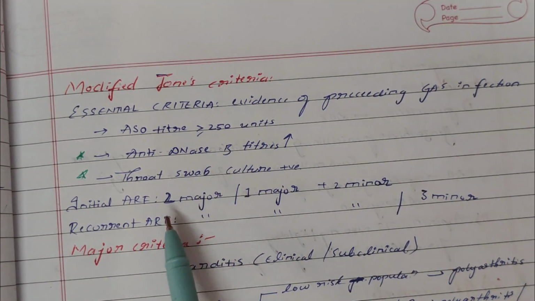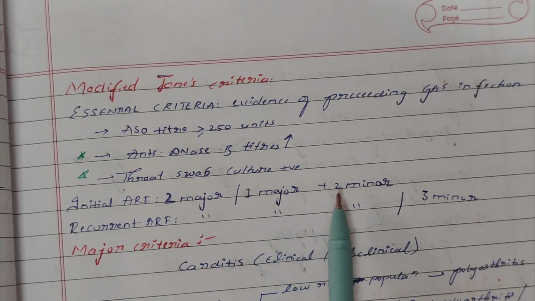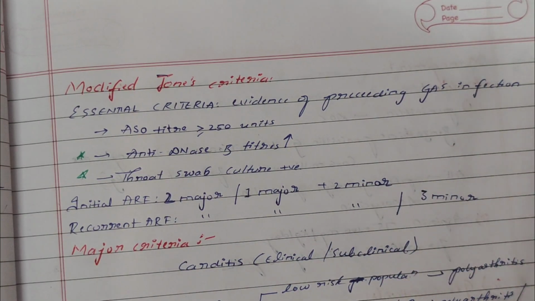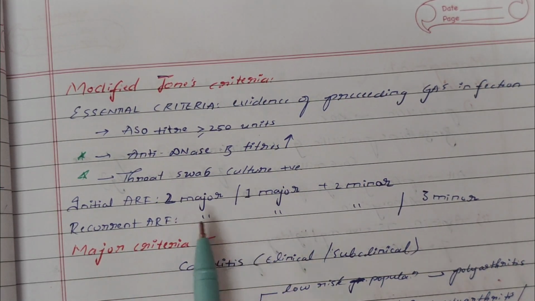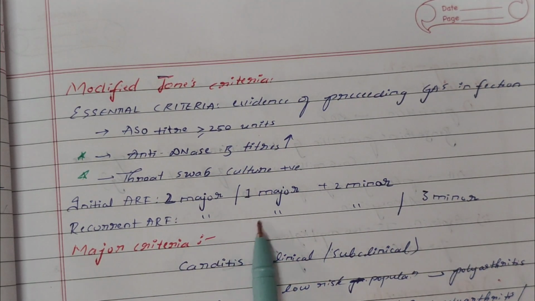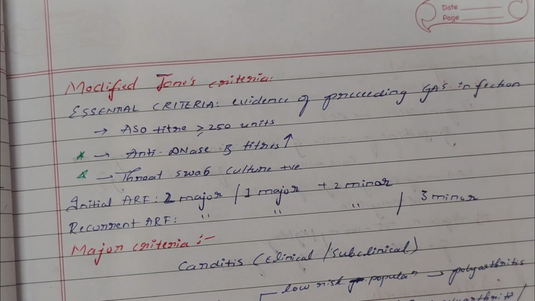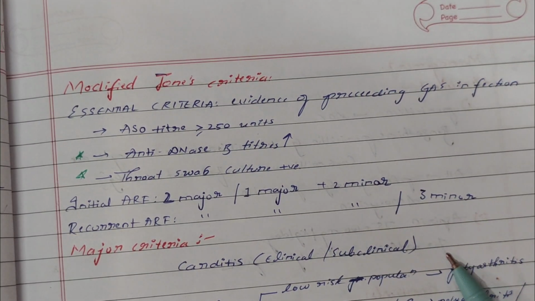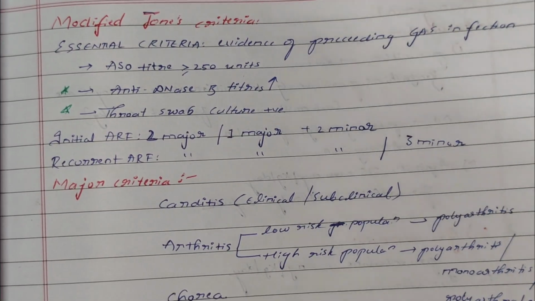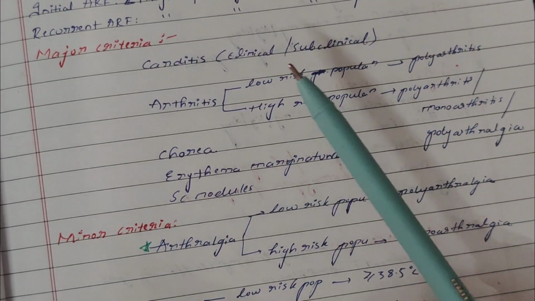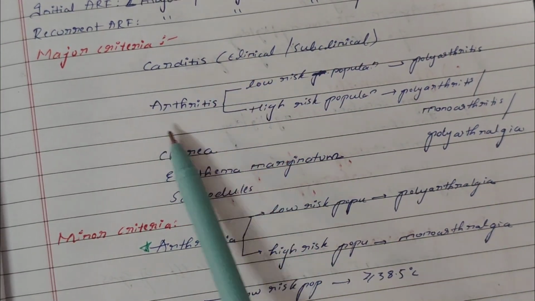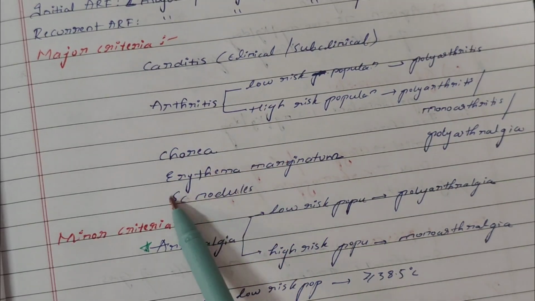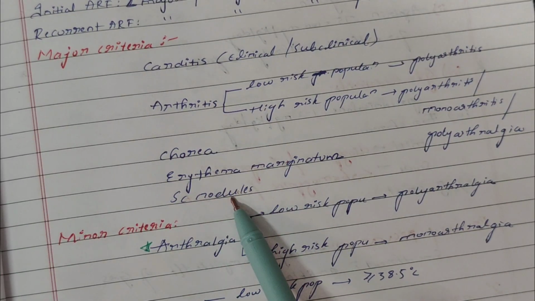If a person has 2 major or 1 major plus 2 minor, then we can suspect acute rheumatic fever. In recurrent acute rheumatic fever, it is 2 major or 1 major plus 2 minor or 3 minor criteria. Coming to the major criteria, the 5 clinical features that we have already learned: carditis, arthritis, chorea, erythema marginatum and subcutaneous nodule.